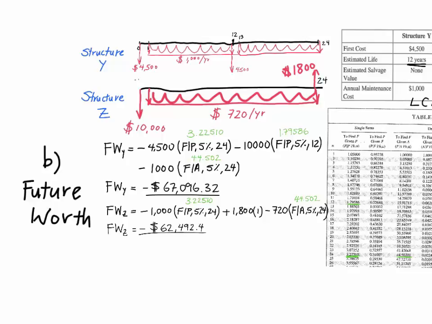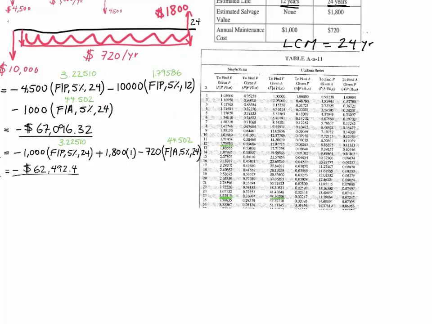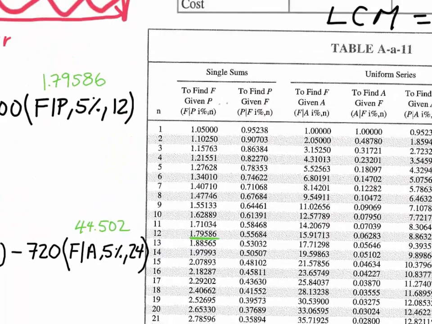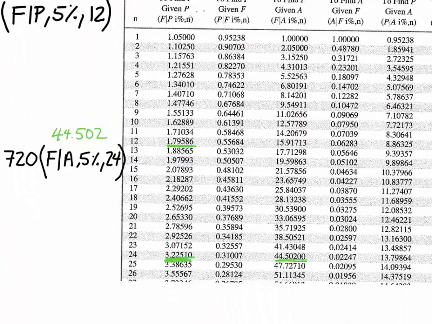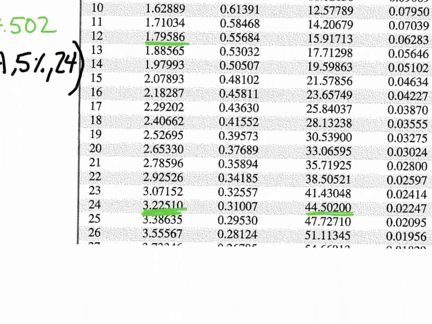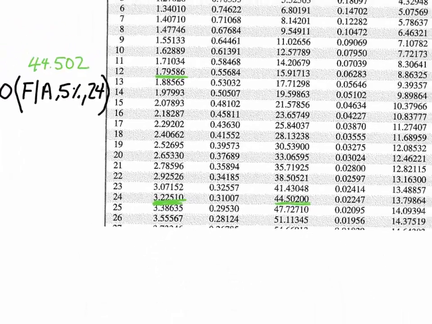How to get the factors? Again, you are dealing here with F given P, 24 and 12, and F given A. So if you just check the table here, we're dealing with the first column, F given P, and this is for the 12 years, 24 years.